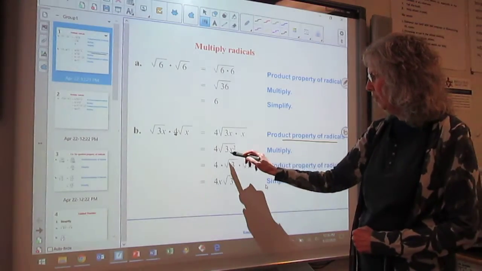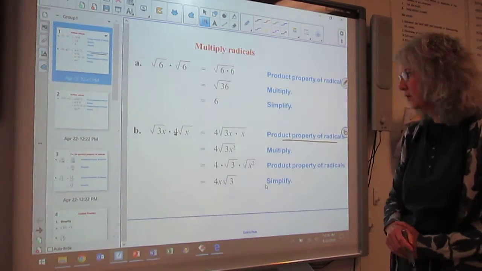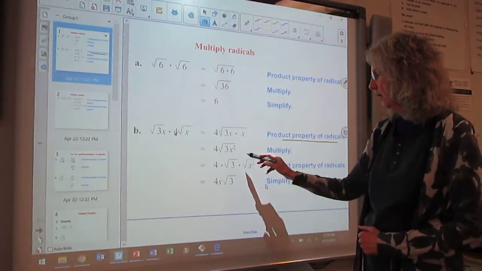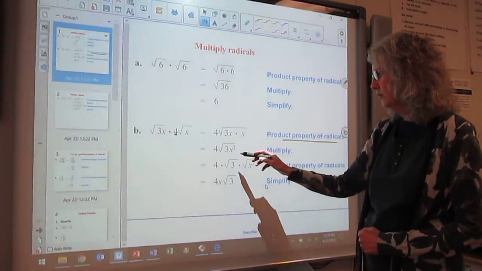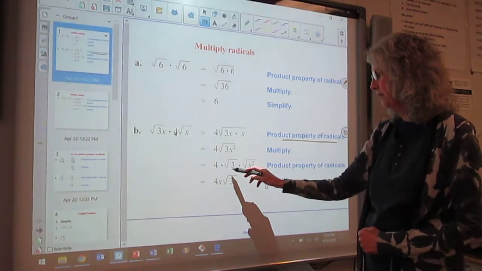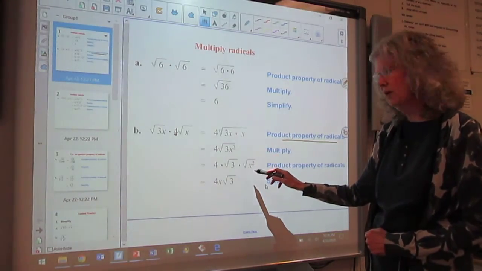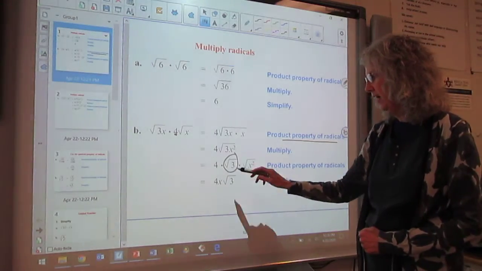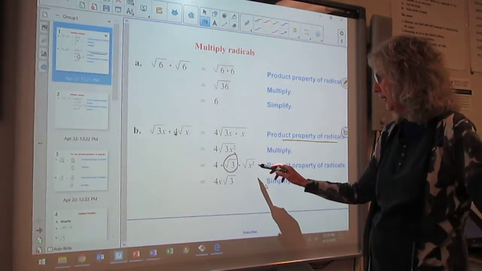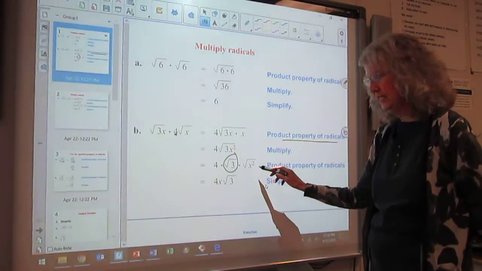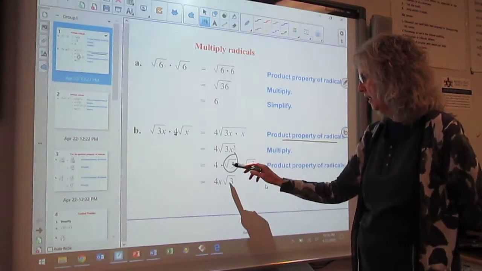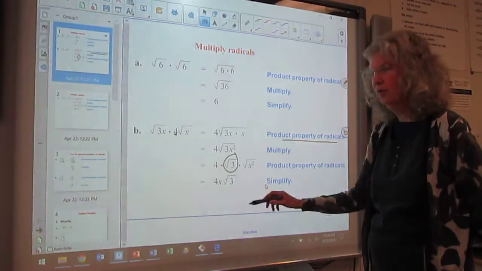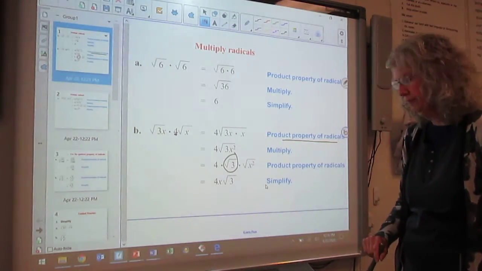That becomes 4 times the square root of 3x squared. Well, the square root of 3x squared can be separated into the square root of 3 times the square root of x squared. This cannot be simplified, so it will stay the square root of 3, but the square root of x squared is x. And we get 4 times the square root of 3 times x, or 4x, to the square root of 3.